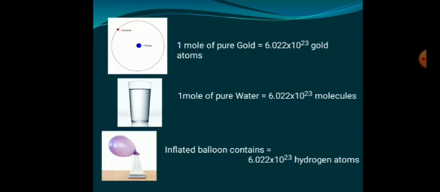Yes, you are right. It is 1 mole of hydrogen because it contains 6.022 into 10 raised to 23 hydrogen atoms. Similarly, 6.022 times 10 raised to 23 molecules of copper sulfate is 1 mole of copper sulfate. Isn't it simple to understand?